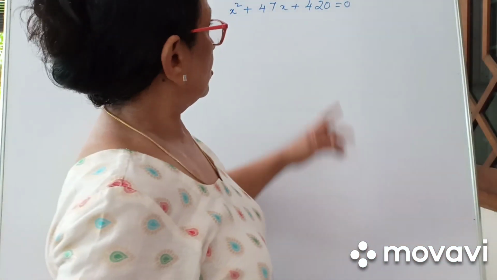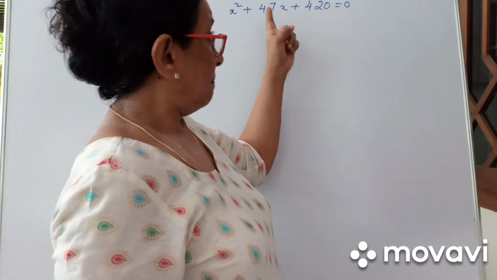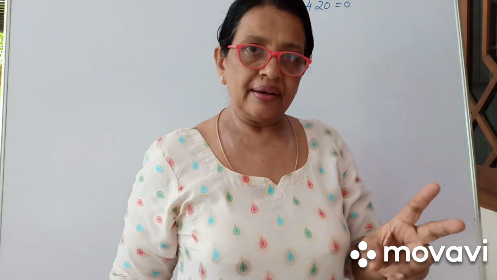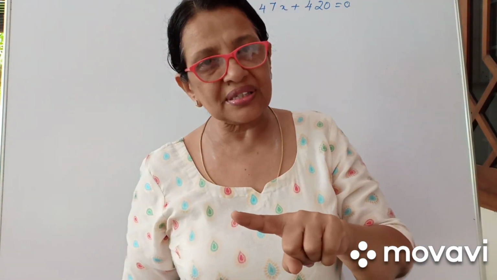Understood? Now, if the middle term and the constant term both are negative, then one root will be positive, one root will be negative. I will do those type of problems also and show you.